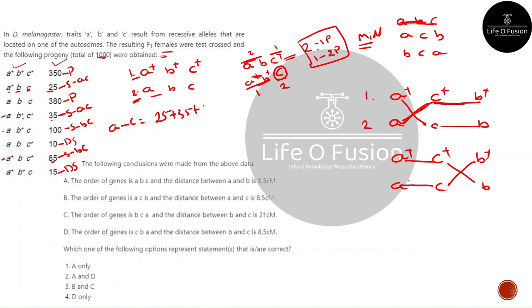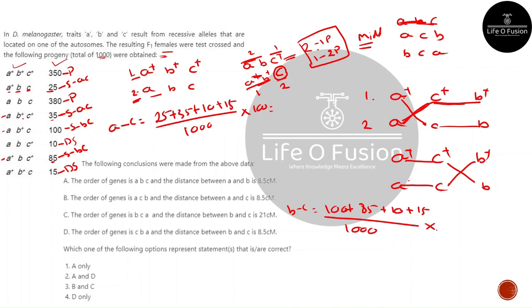So 10 plus 15, divided by total number of progeny, times 100. Similarly for B to C, 100 plus 85 plus 10 plus 15, divided by total number of progeny, 1000, times 100. If you solve, you will get 8.5 centimorgan, and this you will get as 21 centimorgan.